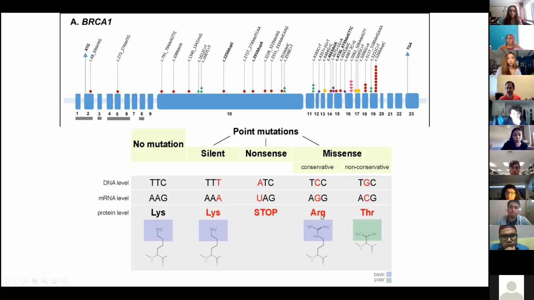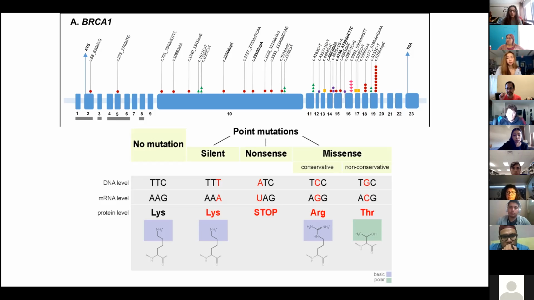But if instead of arginine, you put threonine, which is a polar amino acid, that would change the intramolecular interactions of the protein. So that may result in a change in the 3D structure of the protein.